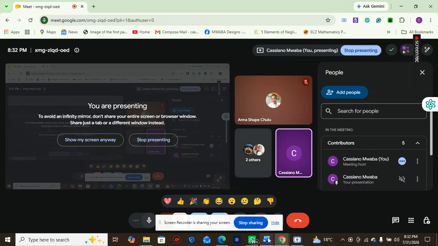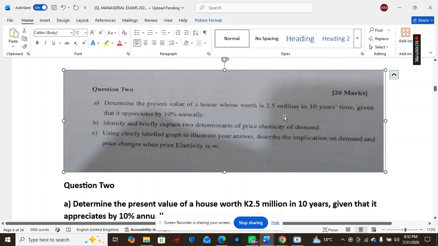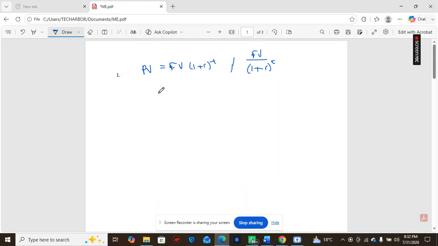Okay, let's get the information here. 2.5 million, the time is 10 years, and they've told us it appreciates by 10% annually. So say 2.5 million multiplied by 1 plus our discount rate, that 10%, 0.1, to the power negative.